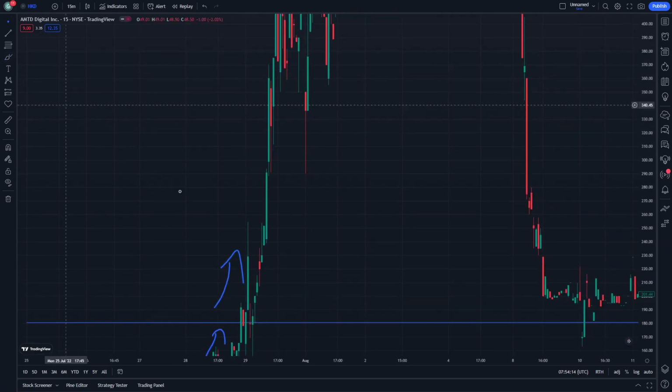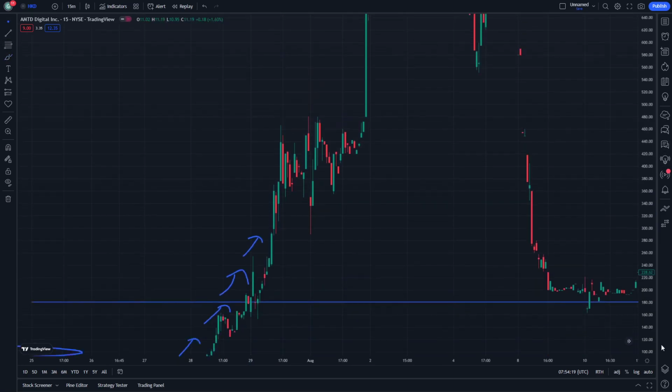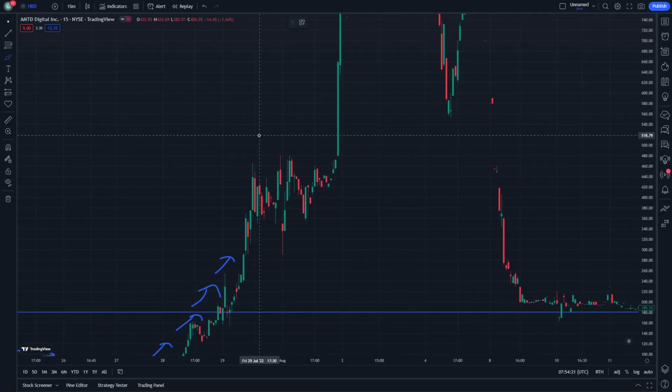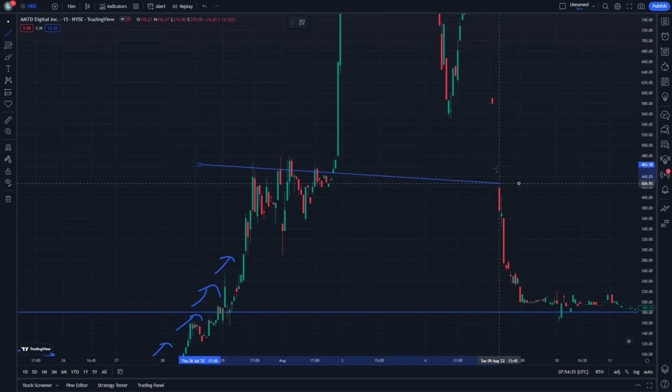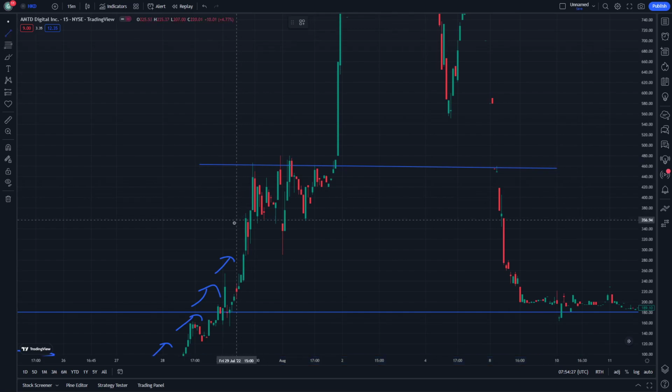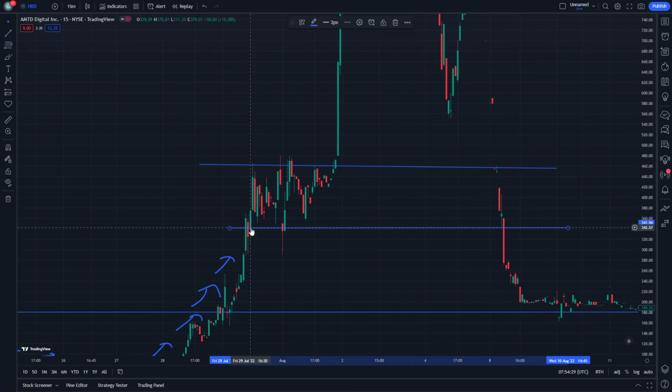Since we can see the increase in momentum with a spike in this form, we know that AMTD Digital is still continuing to increase until it reaches this level, which is about 341.